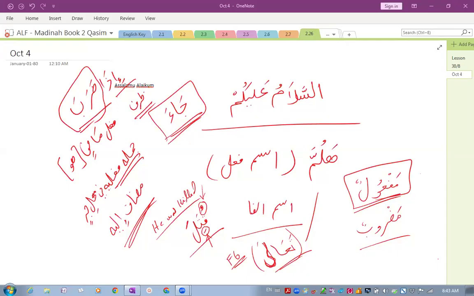Yes, ma akfara is fi'l ta'jubiyya, and qutila is actually majhul. So qutila al-insanu ma akfara. Qutila is a good example of majhul. You gave a good example. And ma akfara, you are right, it is fi'l ta'jubiyya.